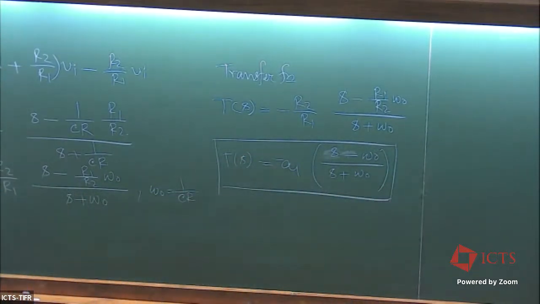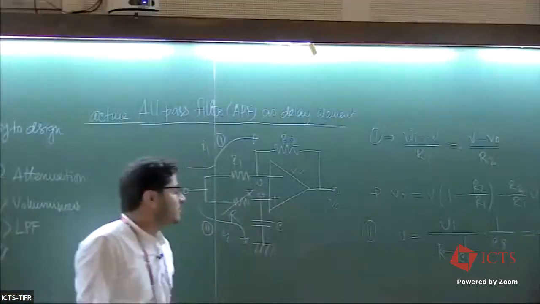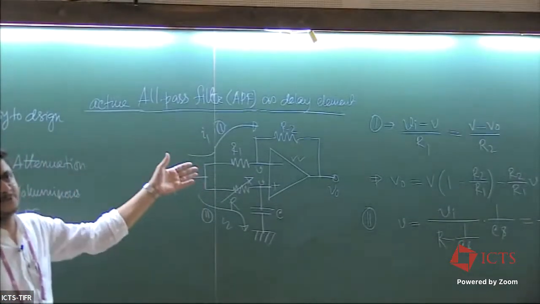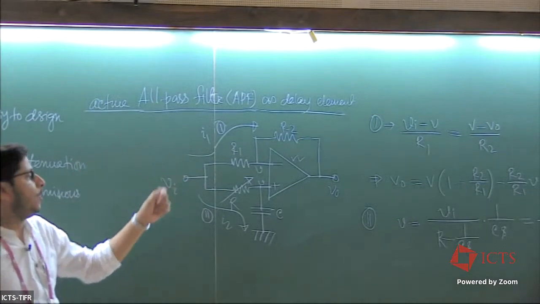What are the advantages? First of all, this is an active element, and if we feed any signal, it will not get attenuated. You can get the same signal, and the variation of delay may be continuous by simply varying the resistance R. Also, as it is an all-pass filter, it passes almost all frequencies, limited up to the bandwidth of the op amp.